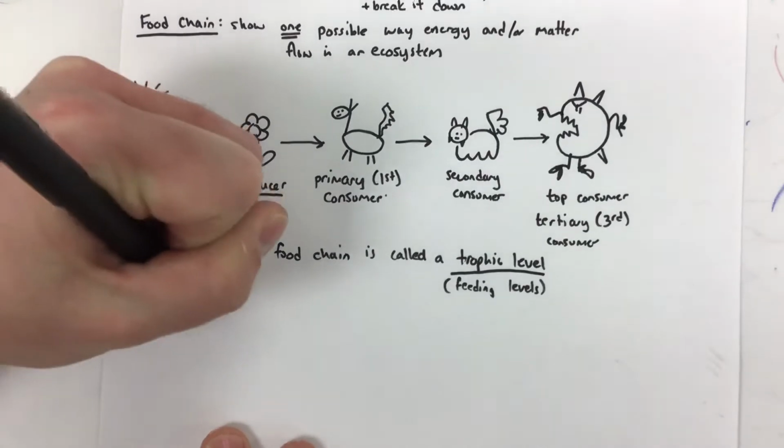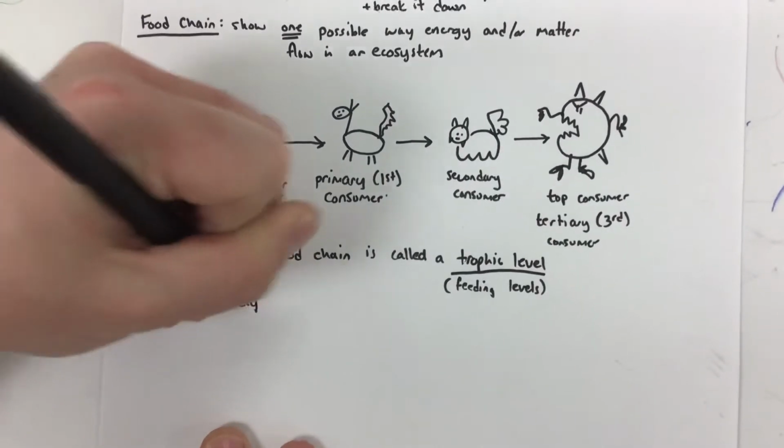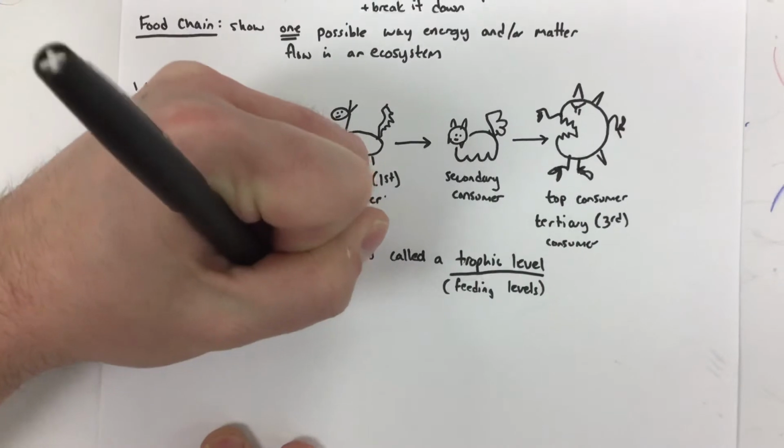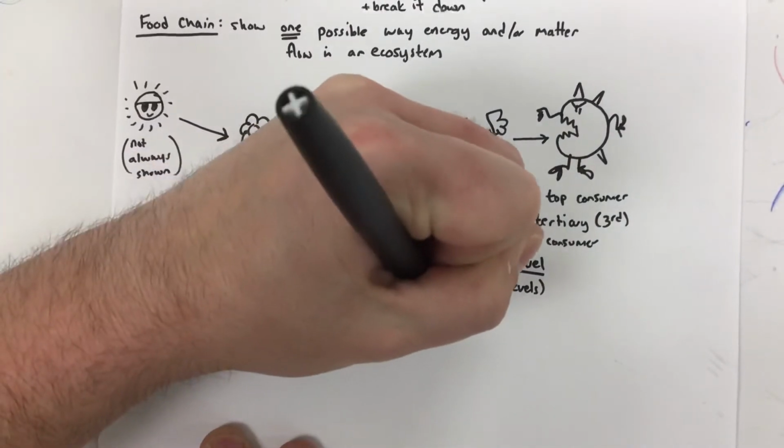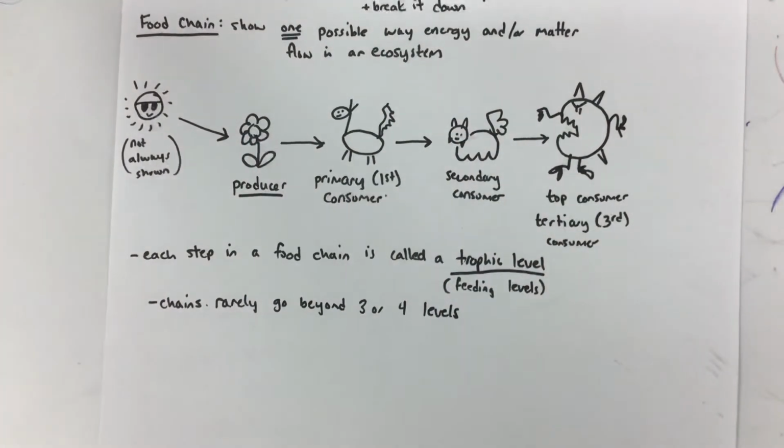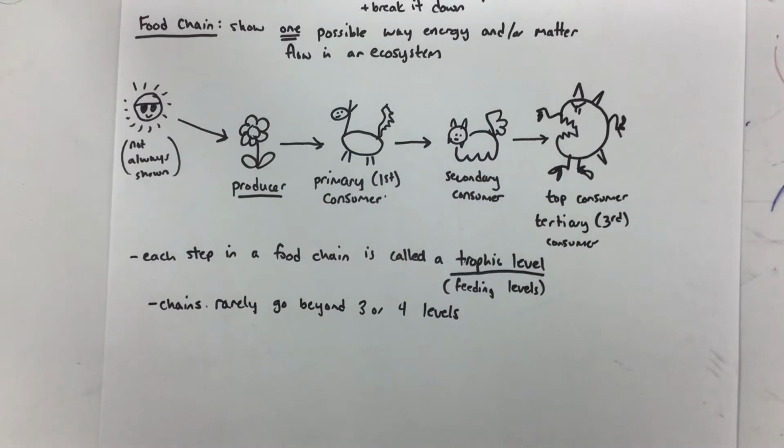Chains rarely go beyond 3 or 4 levels. All right, and here's why. Usually they're 3 or 4. There's very rare situations where you have 5.